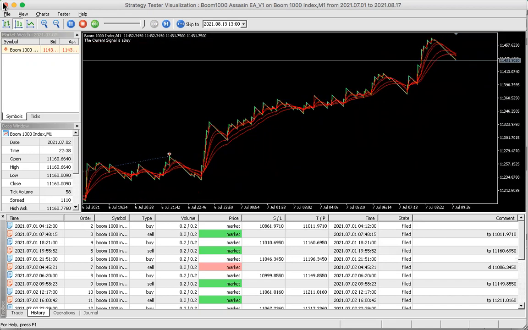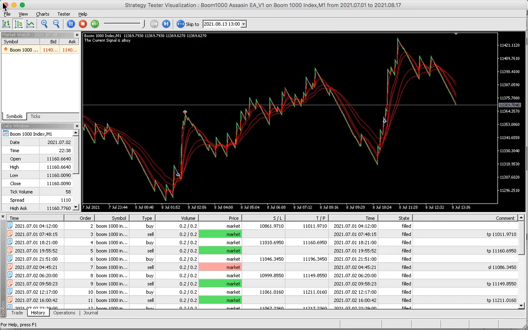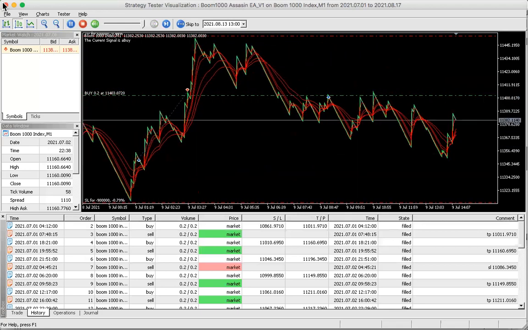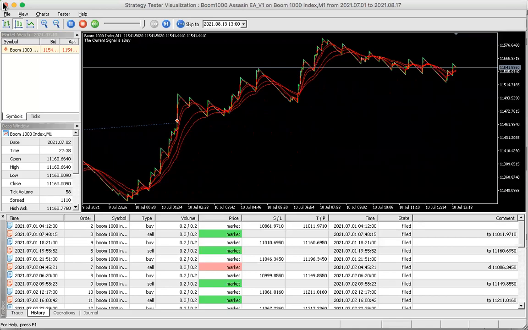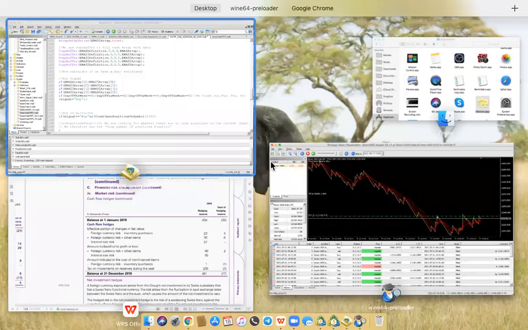I've created the EA so that it spots very good entries. So even if the market goes against you for a short time, it will actually come back up. Right, so this is the EA, and let's see what the graph is looking like.